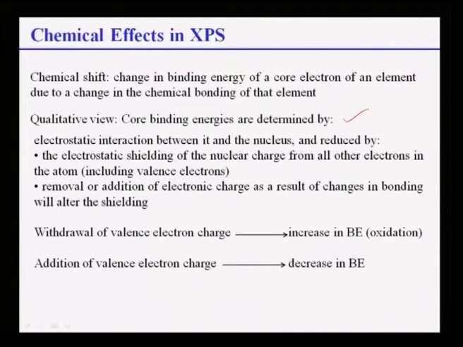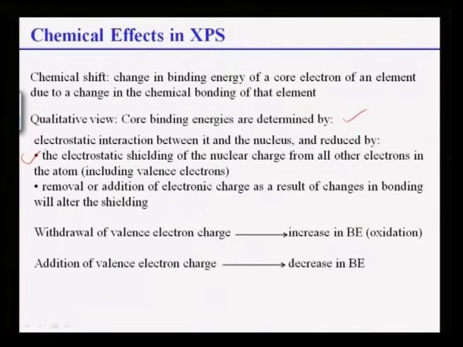One, the electrostatic shielding of the nuclear charge from other electrons present in the atom, that we know. If there are other electrons present in the atom, they can act as a shielding barrier between the core electron and the nucleus. That is the first factor, and that is the predominant factor.